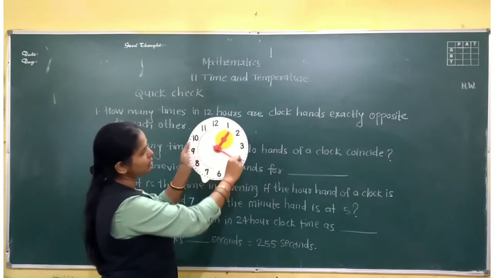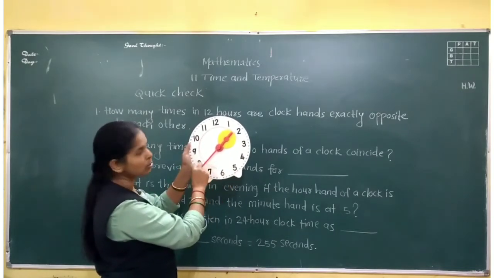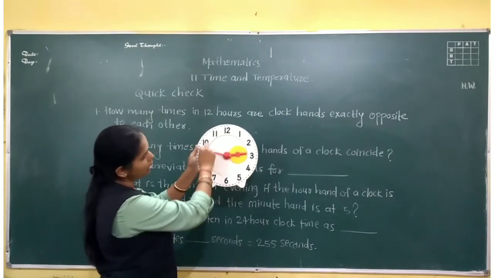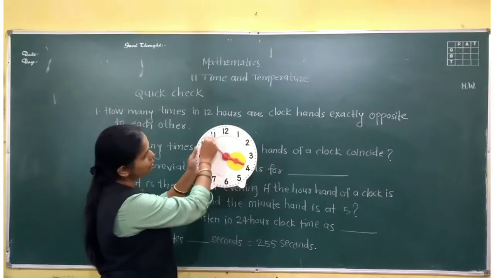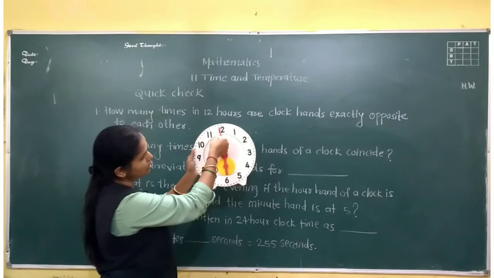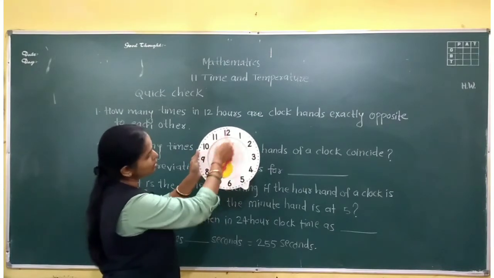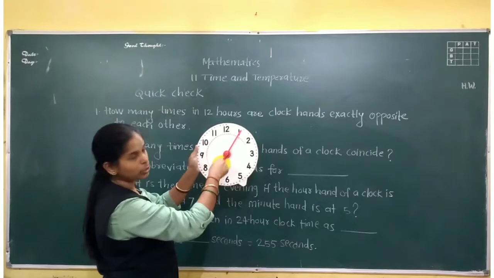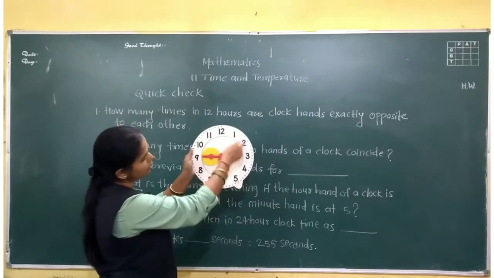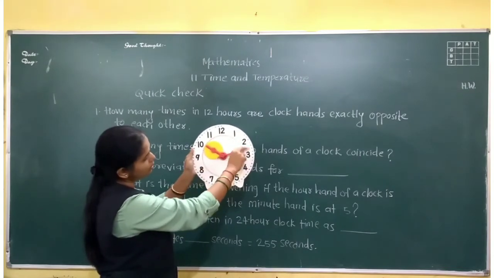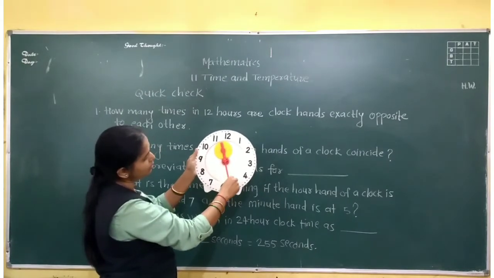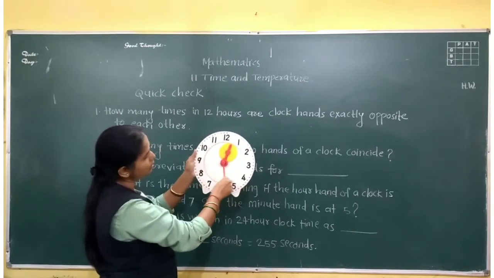Then second, then third, then 4, 5, 6, 7, opposite to each other, 8, 9, 10, and 11.